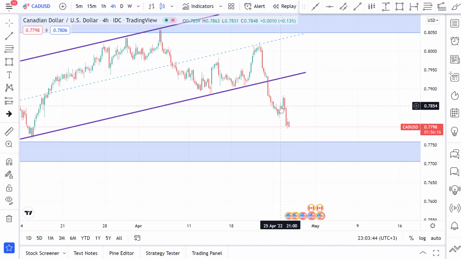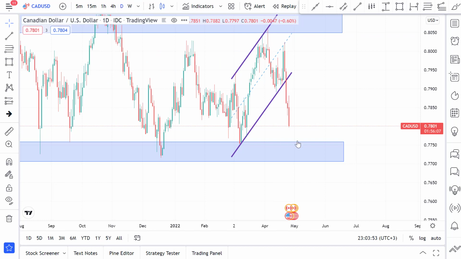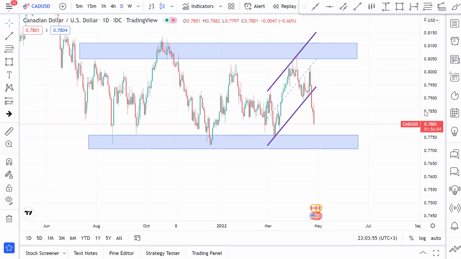But what I expect tomorrow would be these zones, and these zones might act as support, probably because when you look at the market in the daily time frame, you see that we are still in a trading range since this point and this date, 2001 up to now.